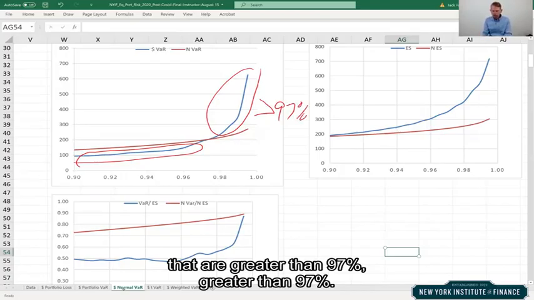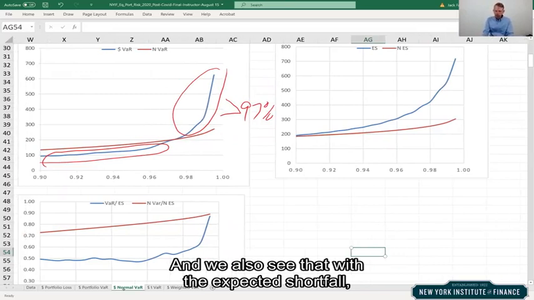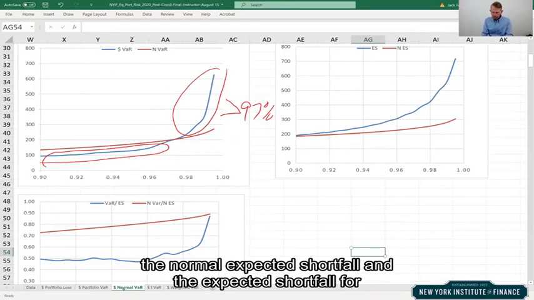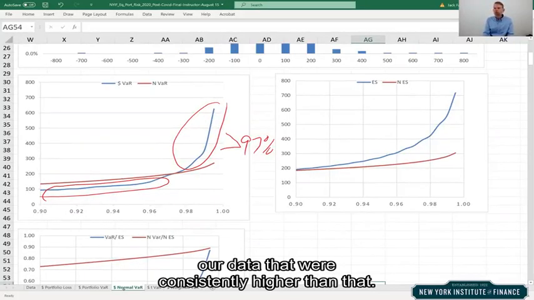And we also see that with the expected shortfall, the normal expected shortfall and the expected shortfall for our data were consistently higher than that.